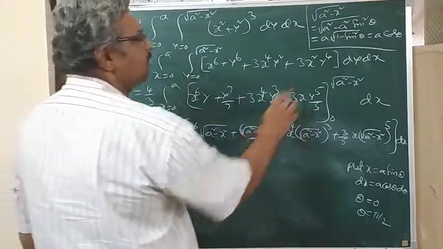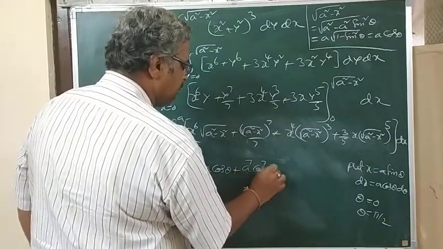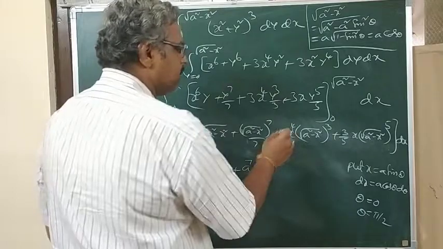This is also the same: a power 7 cos power 7 theta by 7.